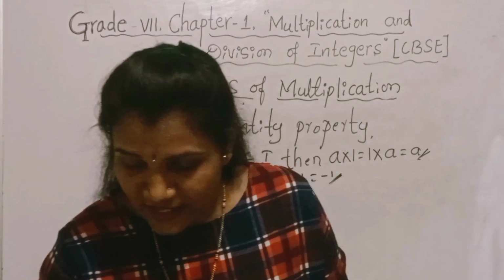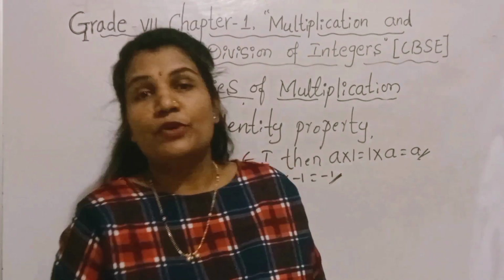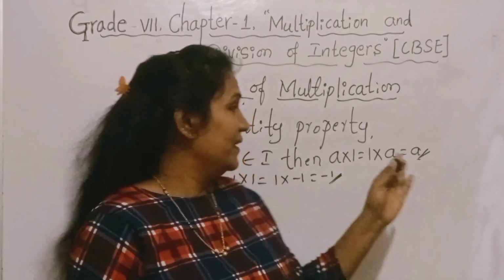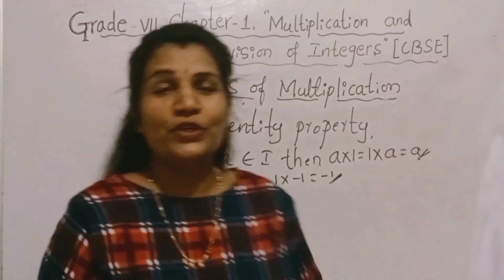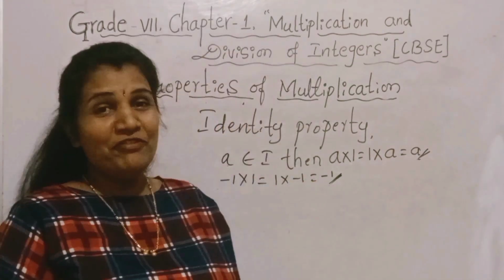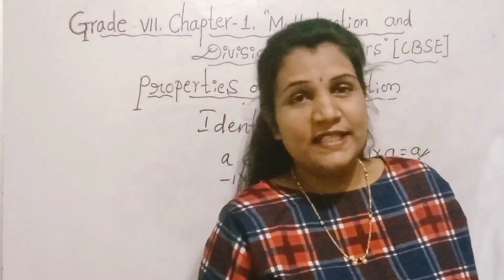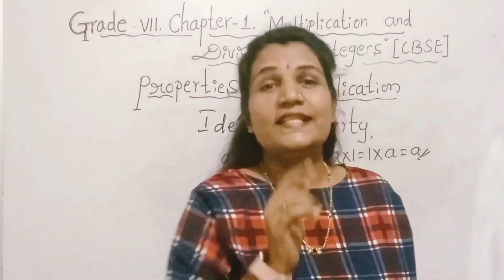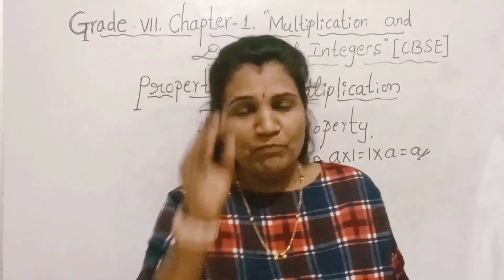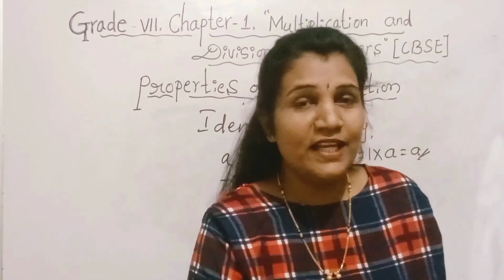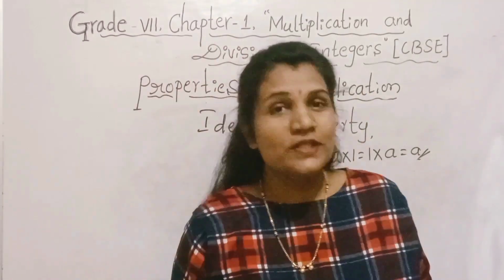Next is zero property. Zero property means here we need to remove that 1 and keep the 0. If a is any integer, then a into 0 is equal to 0 into a is equal to 0 always. Means any integer multiplied by 0 gives the value 0.